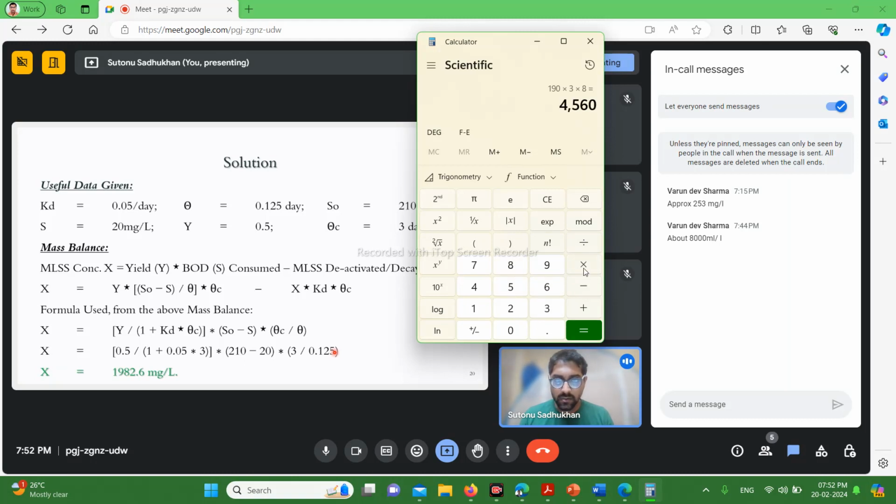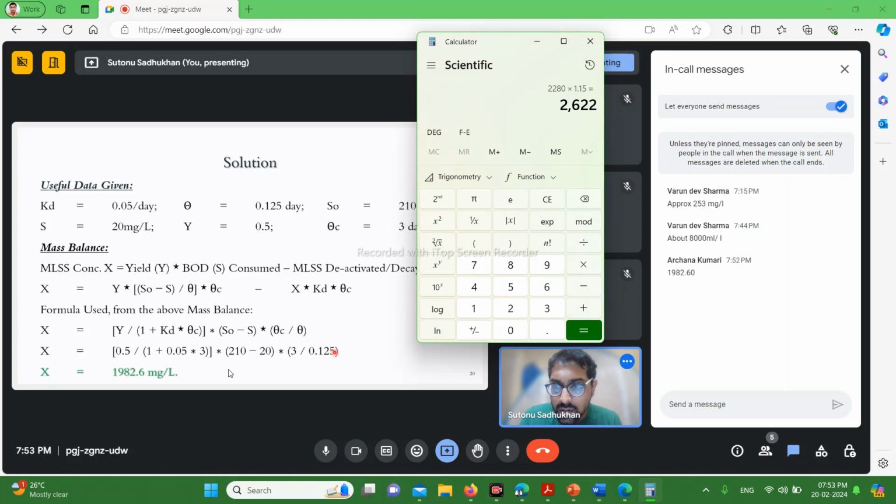So 4560 divided by 2, that is into 0.05 into 1 point 3, that is 1.15, right? Okay, my value is not matching, maybe some problem is there, just a calculation error, but I hope you get the idea.